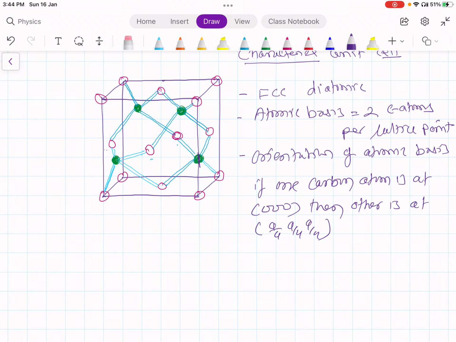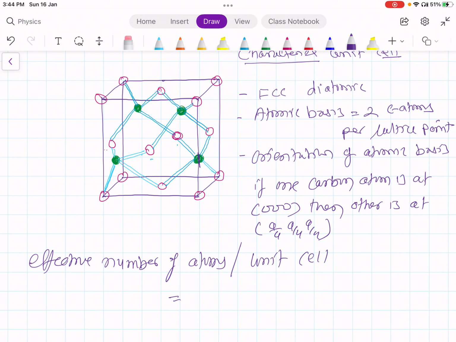Then let's find the effective number of atoms per unit cell. As I told you, there are 8 corner carbon atoms. The contribution of each corner atom is 1/8.